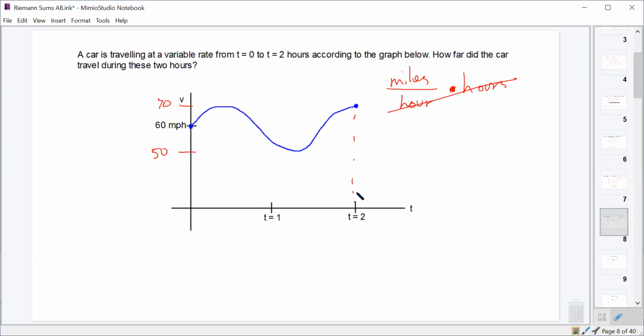So what's the area underneath that curve? Good question, right? We don't have an area underneath that curve. And it's not a nice little trapezoid or a rectangle or a couple of rectangles or squares that I can easily find the area of. So maybe we could find a way to approximate that area. Anybody have an idea of how we might approximate that area?